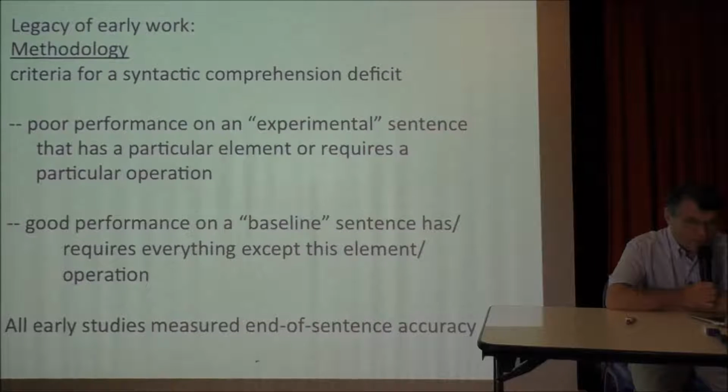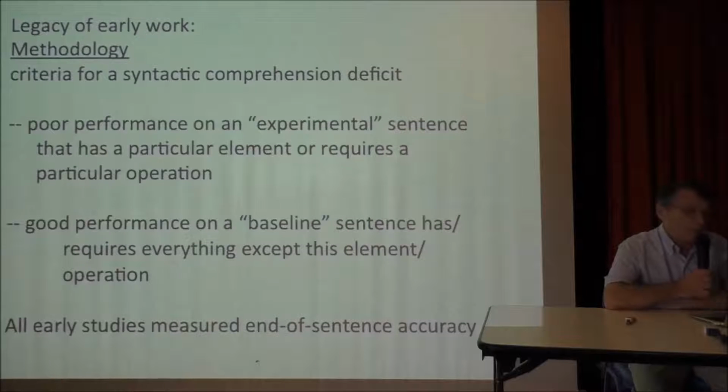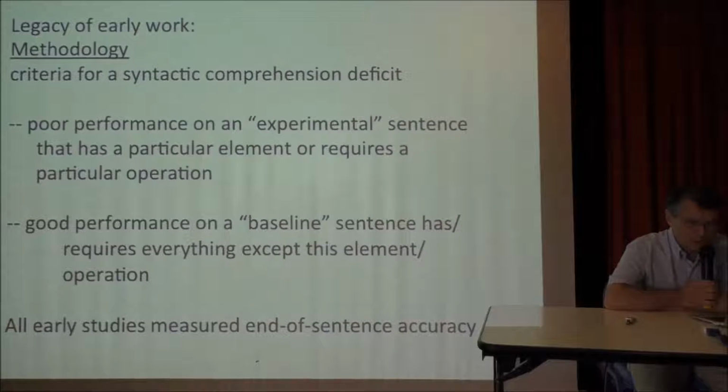So to identify a deficit, I think what has emerged beginning from 1976 is that a deficit in syntactic comprehension can be diagnosed when you see poor performance on an experimental sentence that has a particular syntactic element, or that requires a particular syntactic operation, and good performance on a baseline sentence that has or requires everything except this element and this operation.